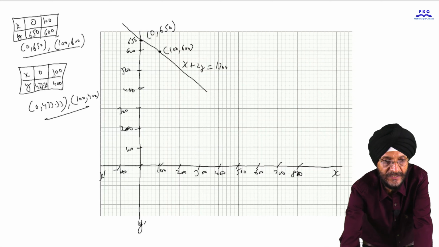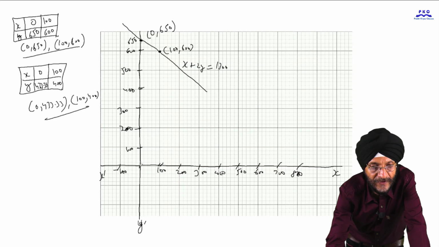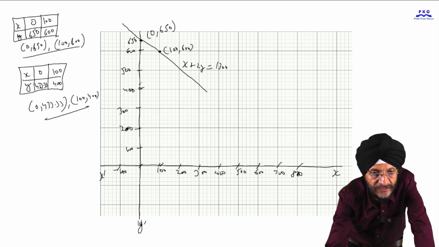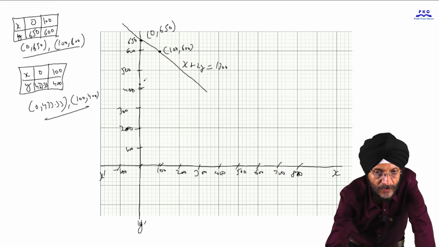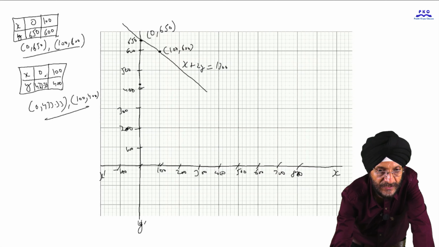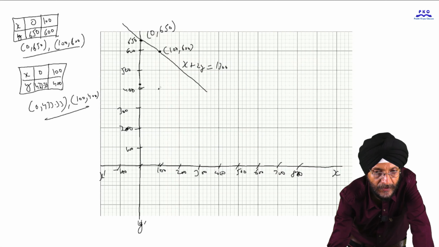Now what is the second scenario? Second scenario is x is 0, value of y is 433.33. Here it will be somewhat here. So next point is value of x is 100, value of y is 400. It will be here.